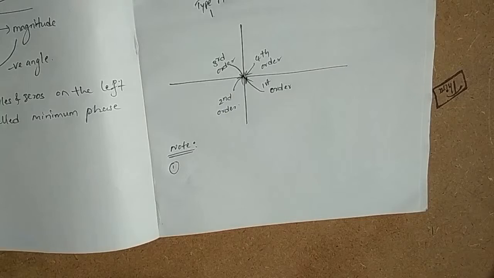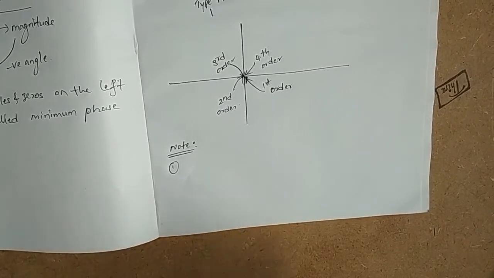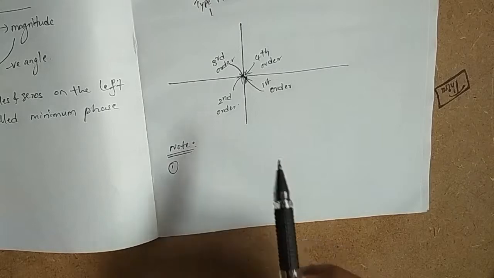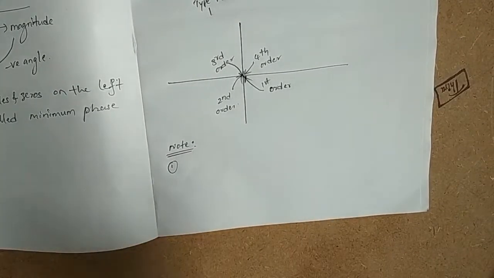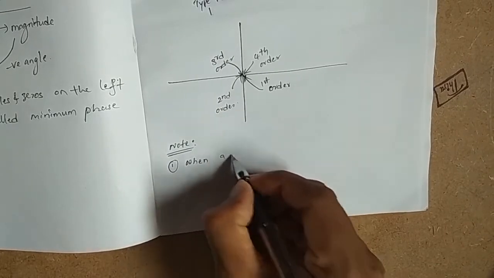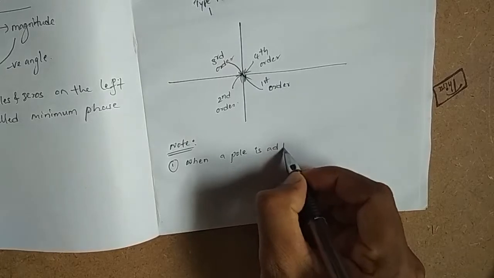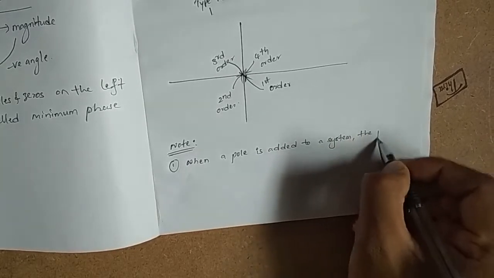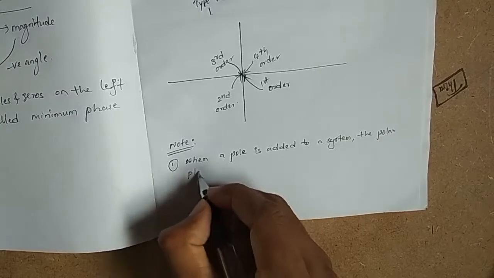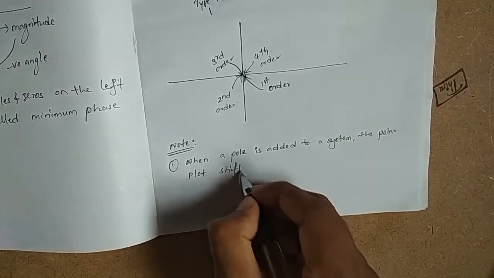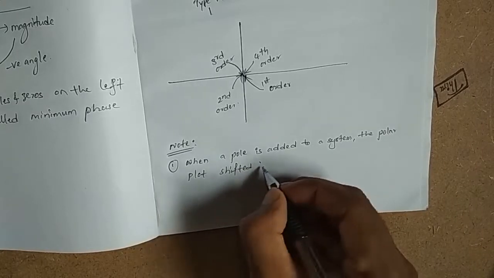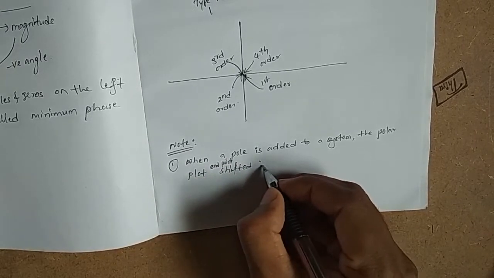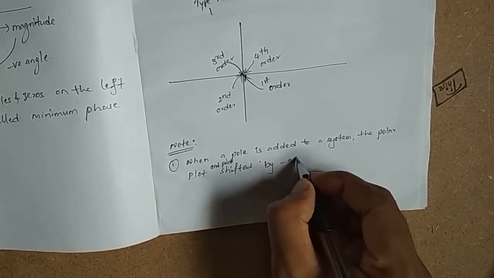First one is, when a pole is added to a system, the polar plot end point will shift by -90 degrees.